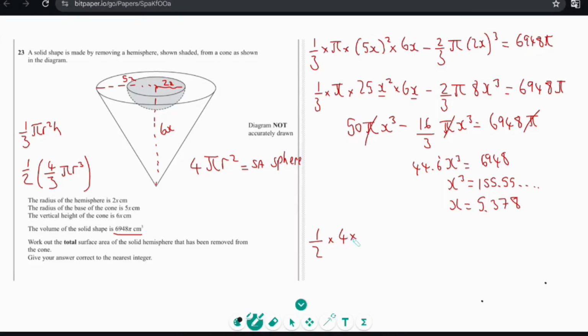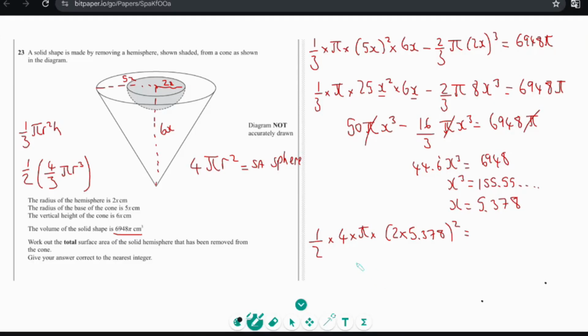Half times 4 times pi times x is 5.378. The radius is 2 times 5.378. And then that's the curved part of the hemisphere.